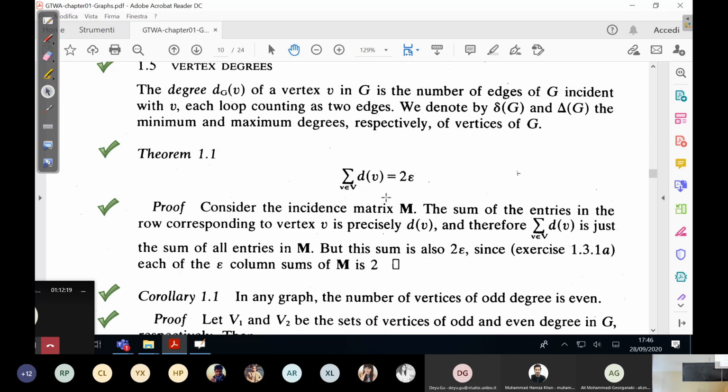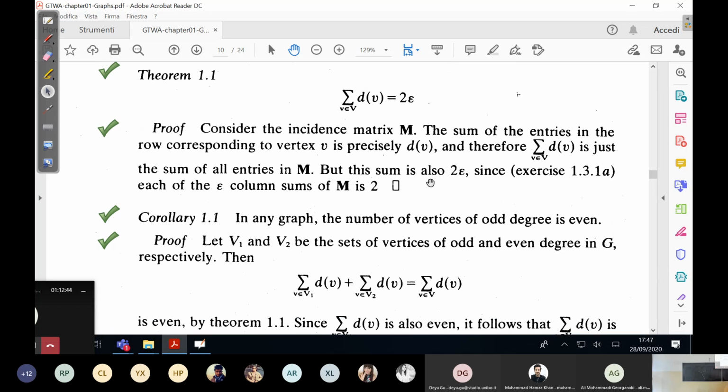The sum of everything, which you can think of as the sum of the row sums or the sum of the column sums. If you think of the sum of the row sums, you get the sum of all degrees. If you think of the same number as the sum of column sums, you have 2 for each edge, and so twice the number of edges, okay?